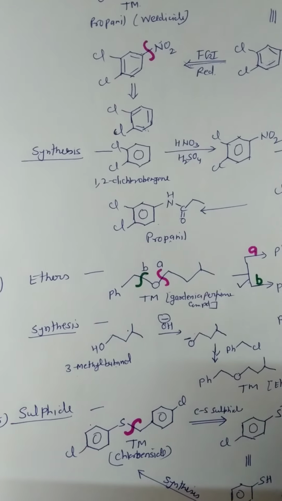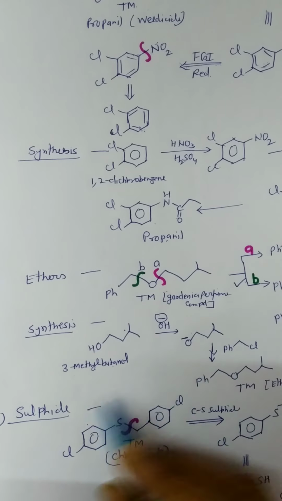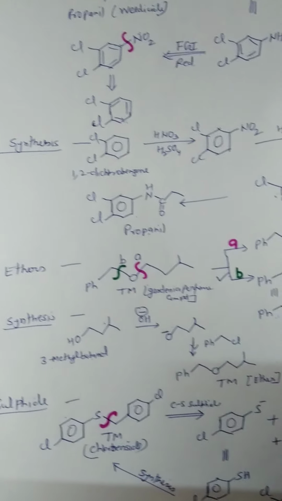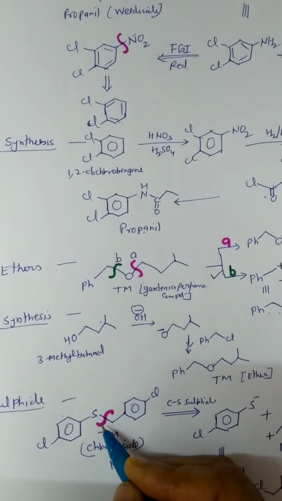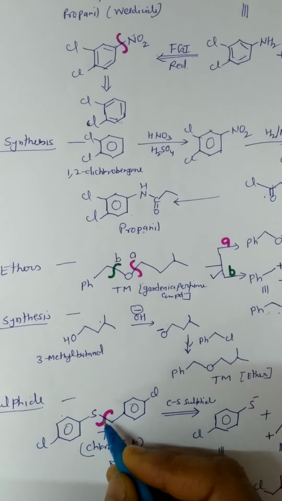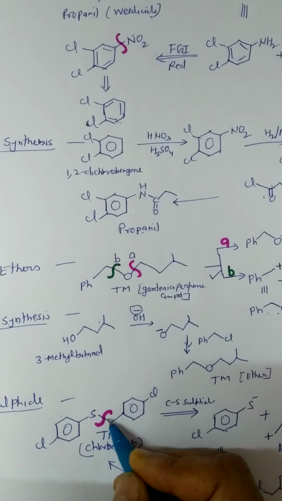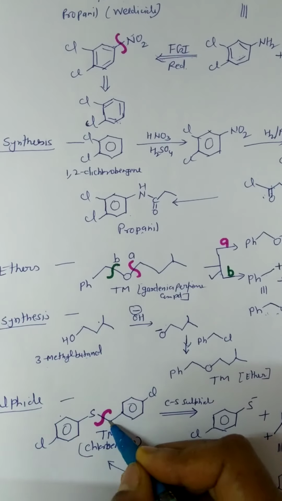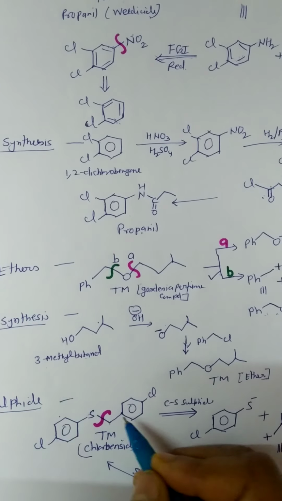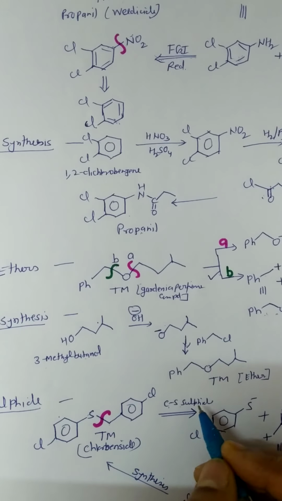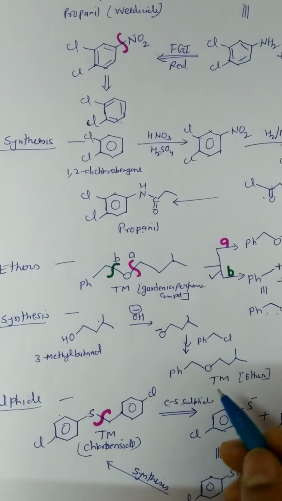In the case of sulfides, here this is chlorbenside, which is used for killing ticks and mites, and here the disconnection takes place next to the heteroatom according to guideline second, and C-S disconnection is carried out. Therefore, here we write C-S sulfide because the sulfide functional group is present here.